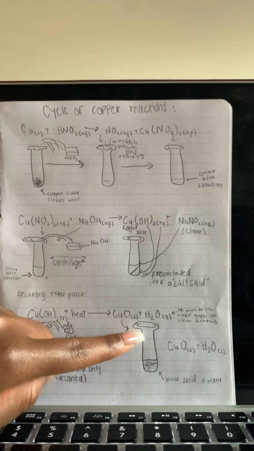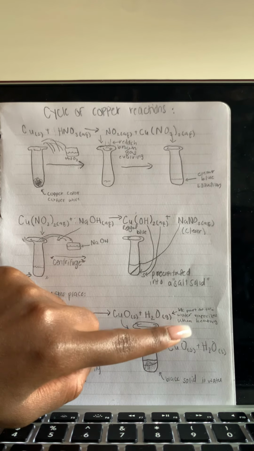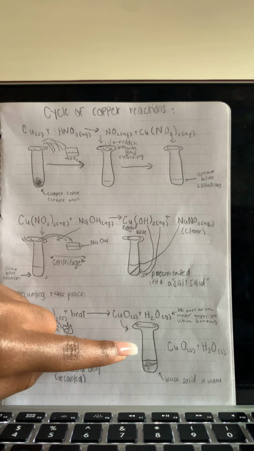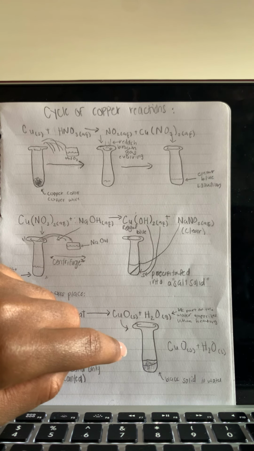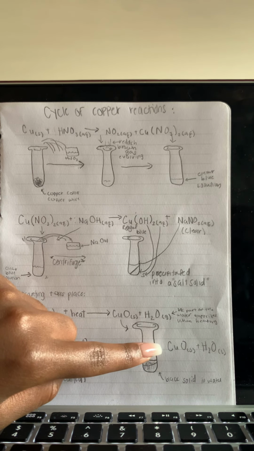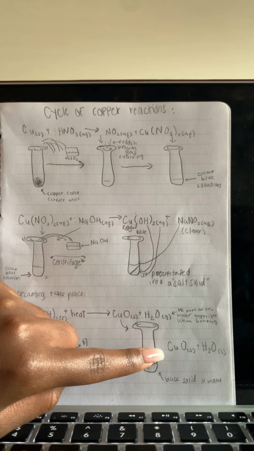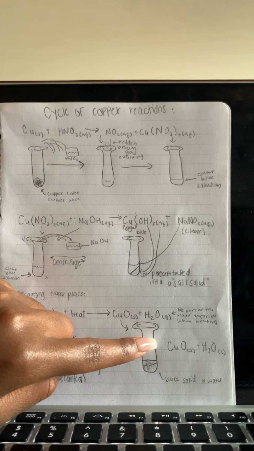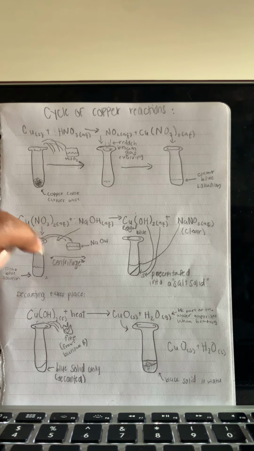It ends up being a liquid, but it starts off as a gas because part of the water vaporizes when we're heating it. We have little pieces of the water left over.